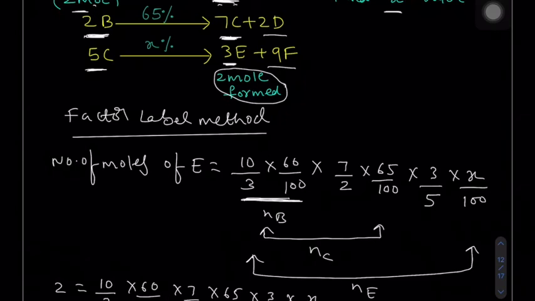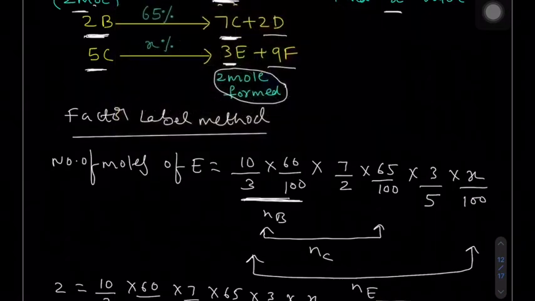Okay, now if you solve this one, you will get X% as 73.26. This is the percentage yield in the third reaction.